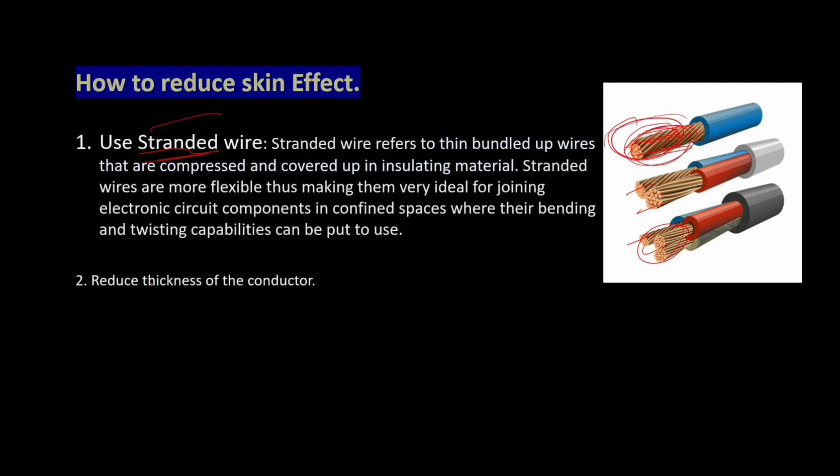And there is one more: reduce the thickness of the conductor. If we reduce the thickness, it means the cross section area A changes.